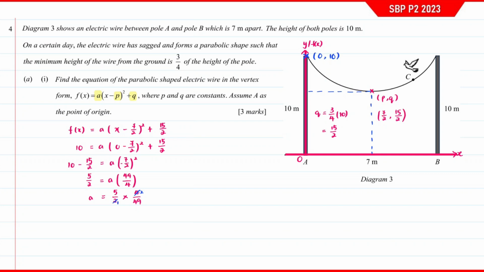Simplify this. Then a is equal to 10 over 49. So the equation in the vertex form will be f(x) equal to 10 over 49 bracket x minus 7 over 2 squared plus 15 over 2.